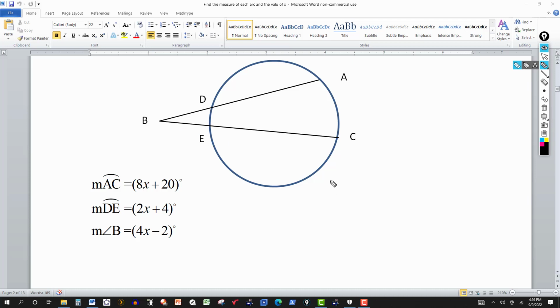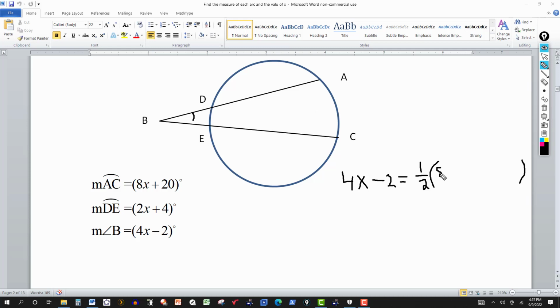So in this case, the formula then is, this angle right here is given in terms of x. So we got 4x minus 2 should equal 1/2. So it's the large arc, that's AC.